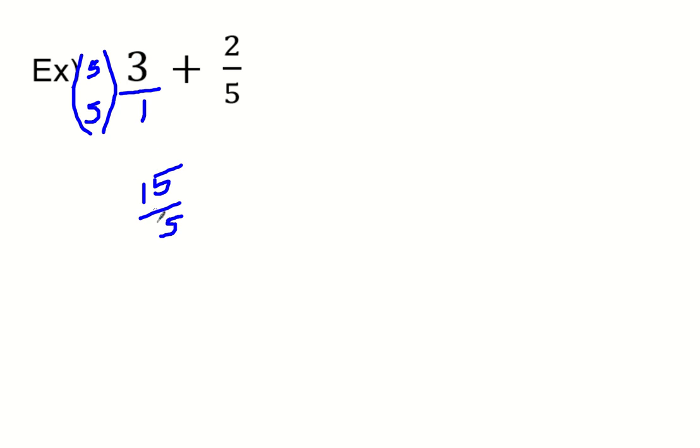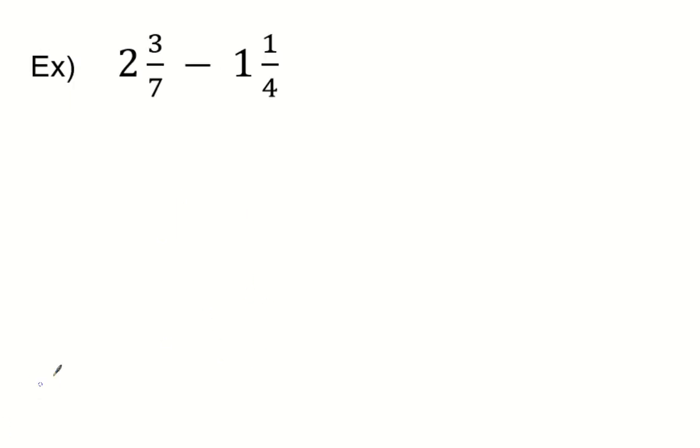So 3 is equivalent to 15/5. And you can add that to 2/5 and get 17/5. Man, we're not getting any problems here that need another extra step at the end of reducing. I don't know. Might as well write this down so not to confuse you. But yeah, potentially this could now be reduced, but I guess not.